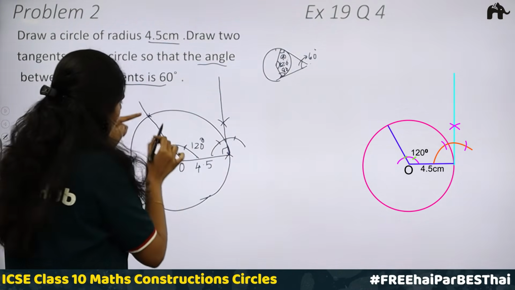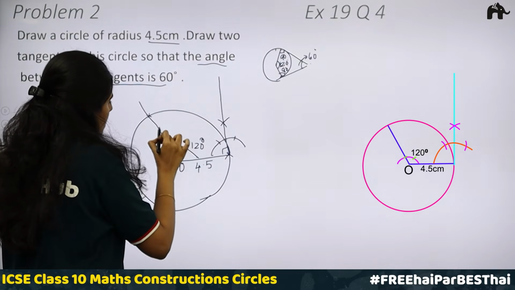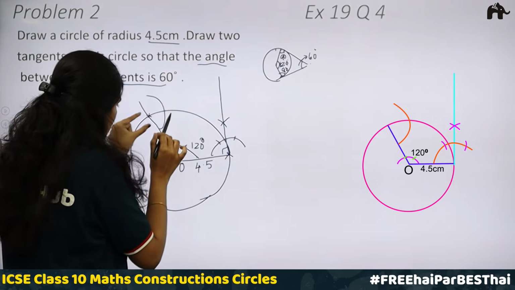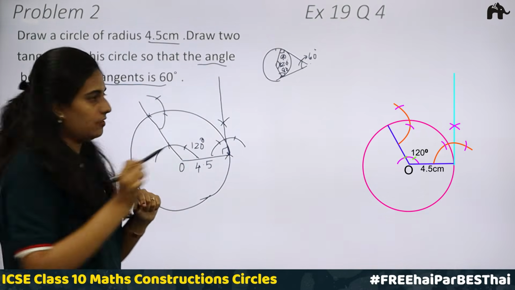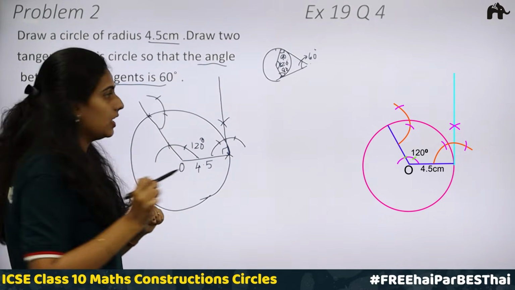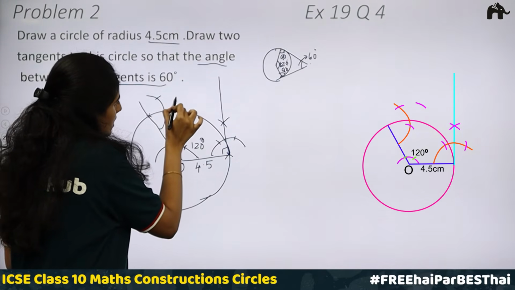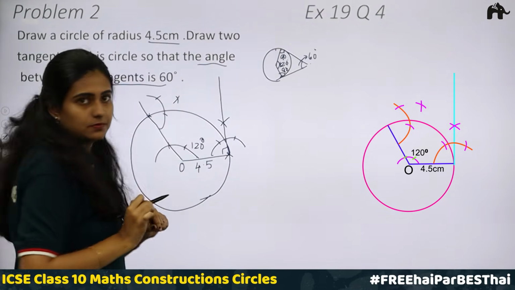Okay, similarly we will do here also. Here draw an arc with some measurement. With the same measurement, 60 degrees, 120 degrees. We have put two arcs. Okay, from these points keeping the compass here, you will get an arc here and another arc here.